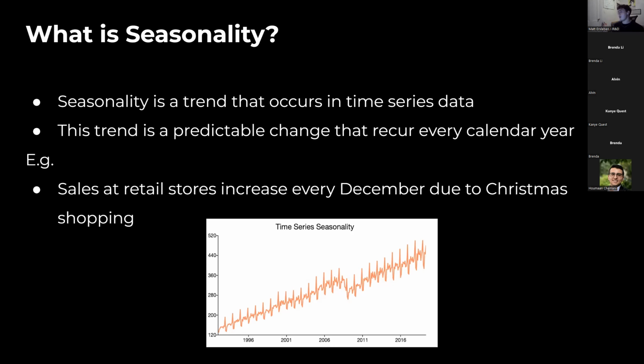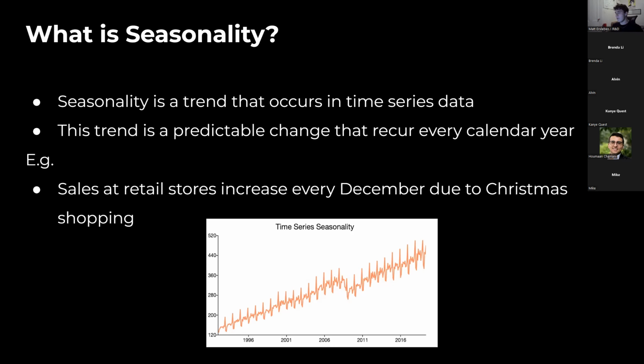Let's say your store is tracking their sales, and in November, their sales skyrocket because every November there is a Black Friday. Or let's say another retail store is tracking their sales and they're also looking at December. Let's say December sales skyrocket because of Christmas shopping. And that occurs every single year because it's due to the season, right? It's due to the seasonality of the data, if that makes sense.